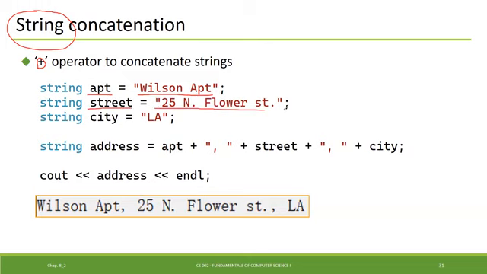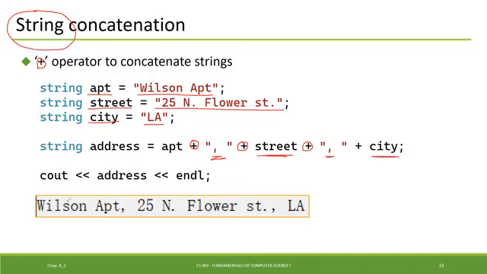This is street information. City, this is city information. If you use plus like this, it is concatenate. It means add comma, after that add the street, after that add the city.